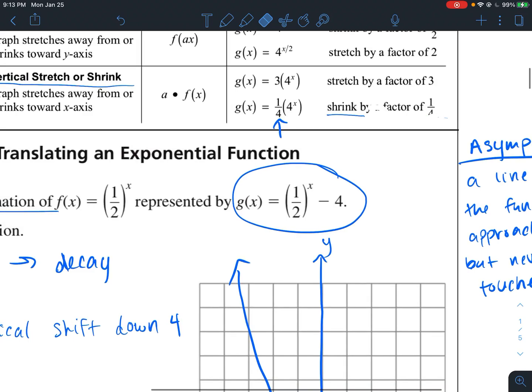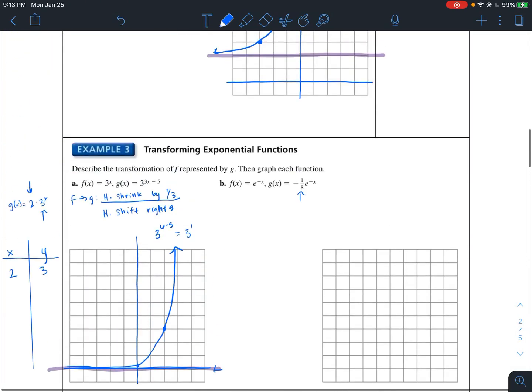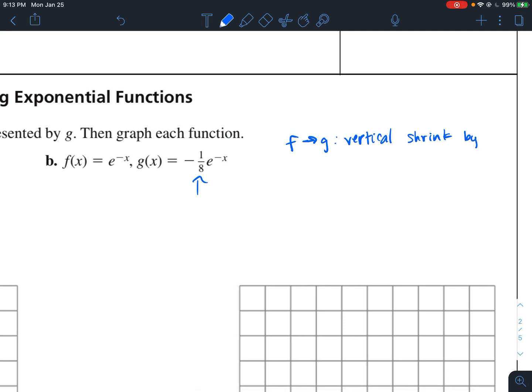So the transformations from f to g are a vertical shrink by 1 over 8. Vertical shrink by 1 over 8.